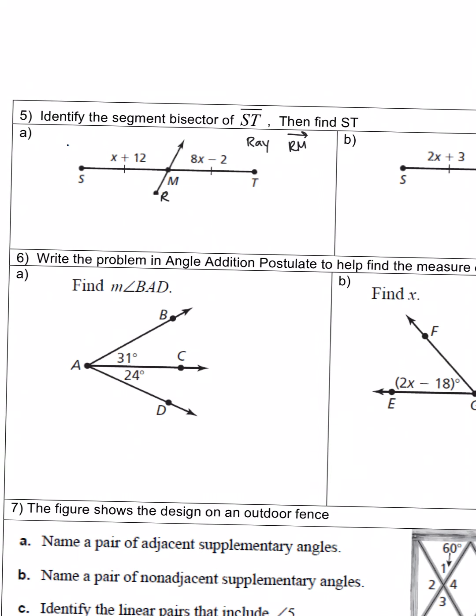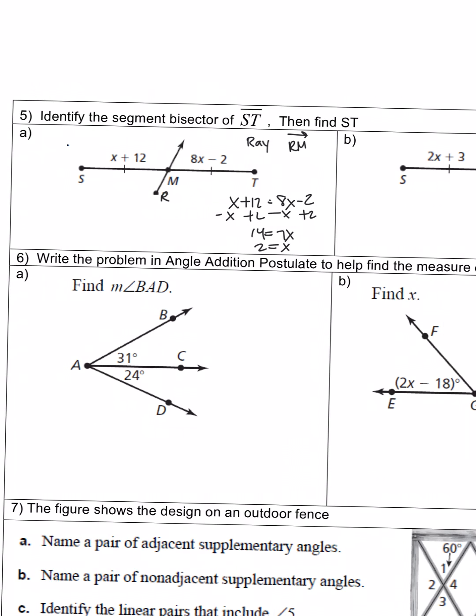Remember, the segment bisector is the thing that does the cutting. And because we have congruence marks, we can set these two expressions equal to each other to solve for x. X plus 12 equals 8x minus 2. Subtract x from each side. Add 2 to each side. 7x equals 14, x equals 2.